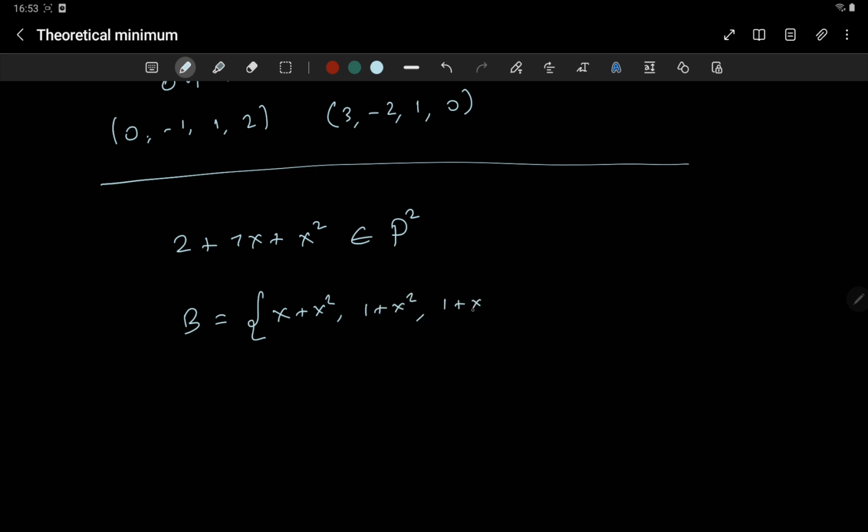Let me call that vector v. Then what is the coordinate vector of v in the B basis? This is what I want you to solve.